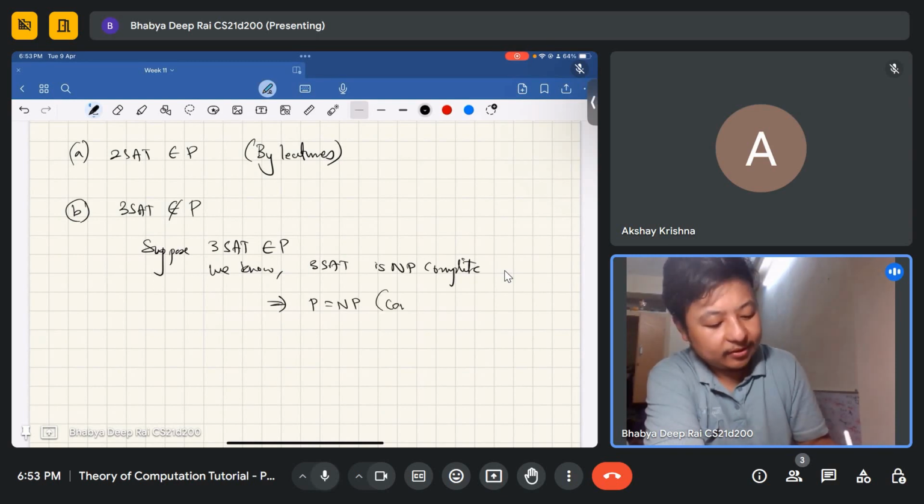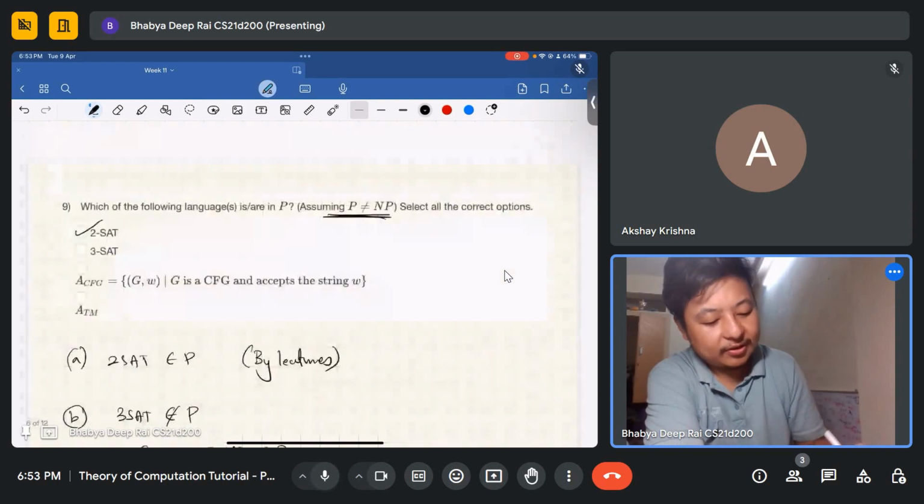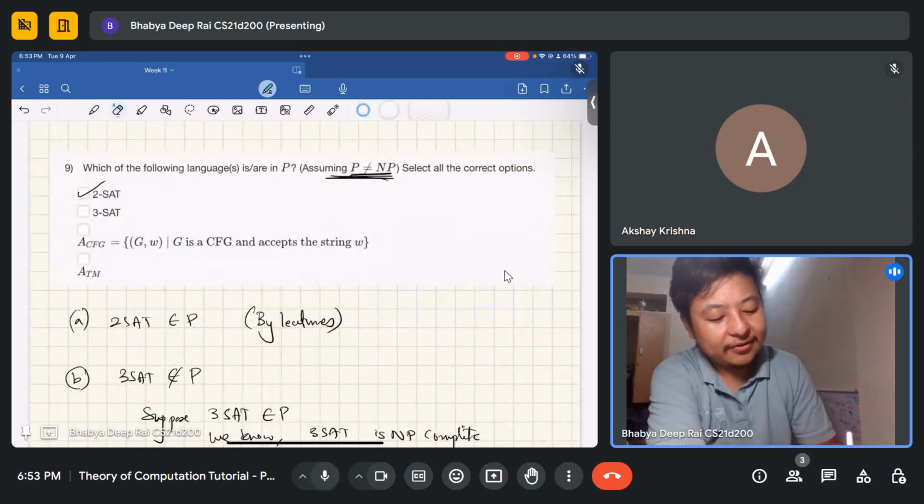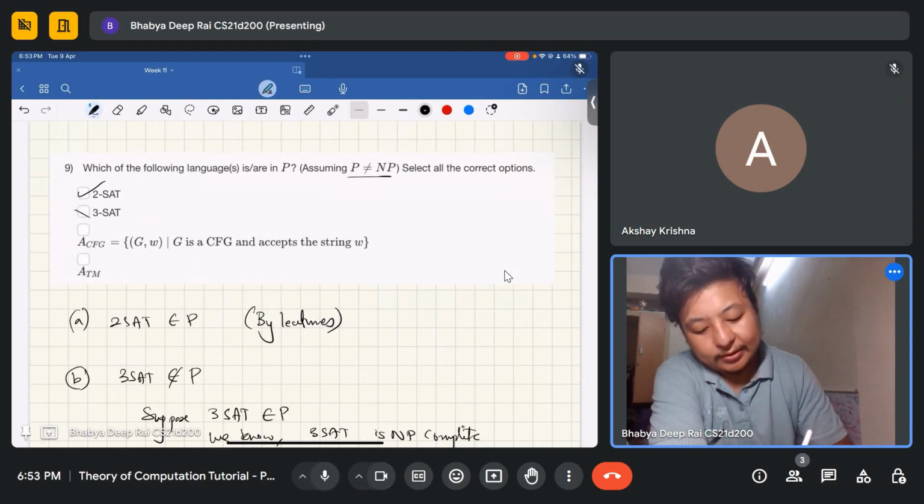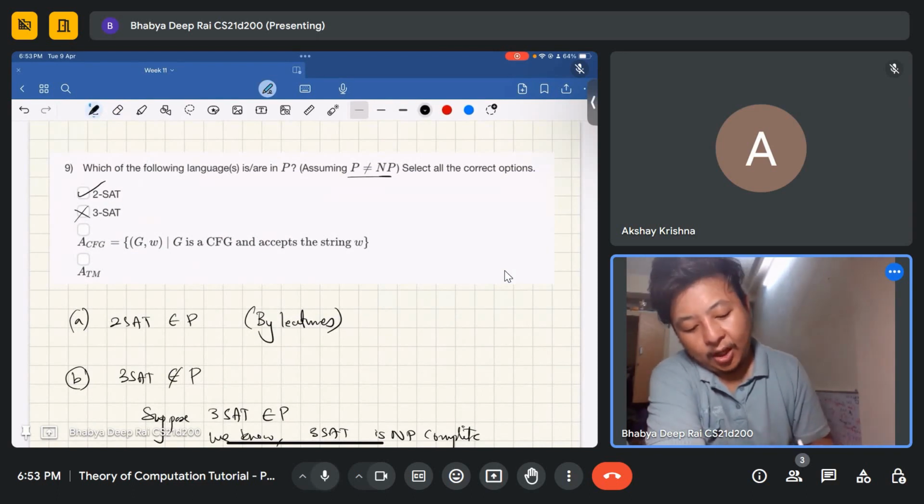But this is a contradiction because the assumption is that P is not equal to NP. So this is not true.